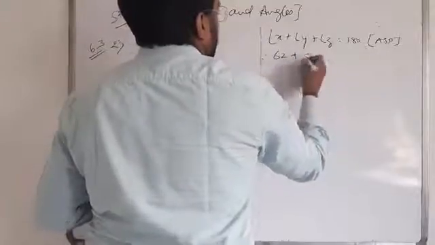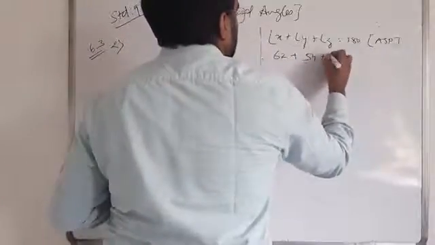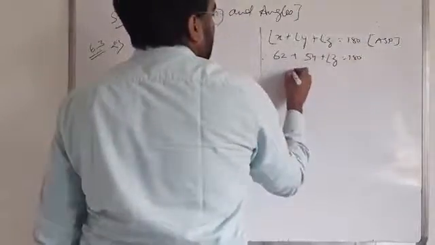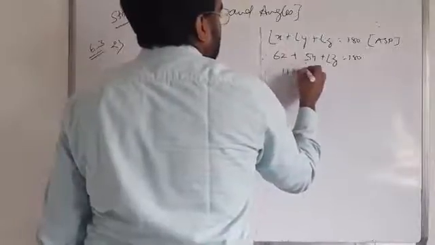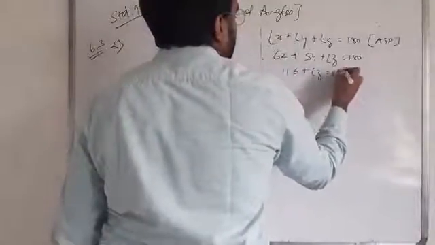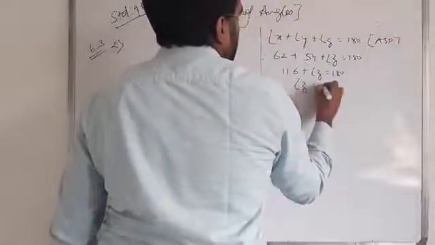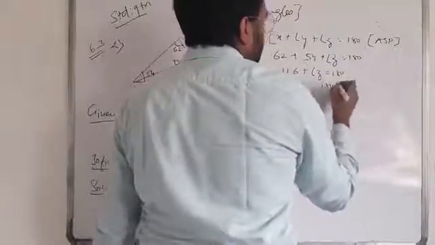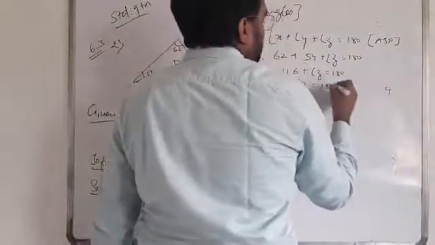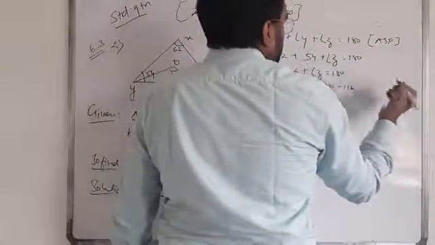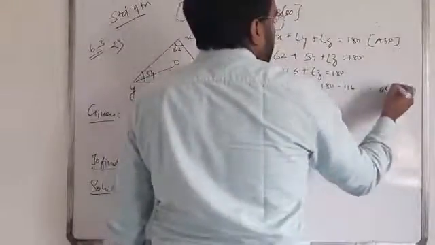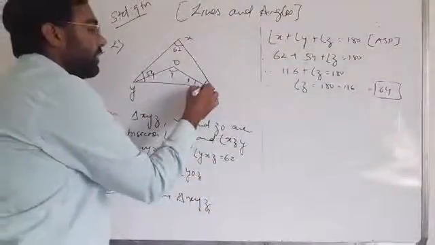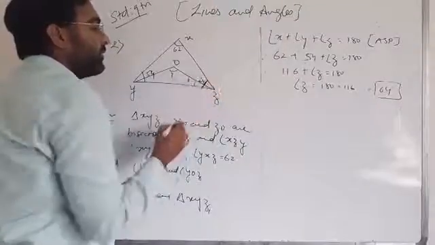We need to find angle Z first. 62 plus 54 is 116, so 116 plus angle Z is equal to 180 degrees. Therefore angle Z equals 180 minus 116, which is 64 degrees. Here my whole angle Z is 64 degrees.